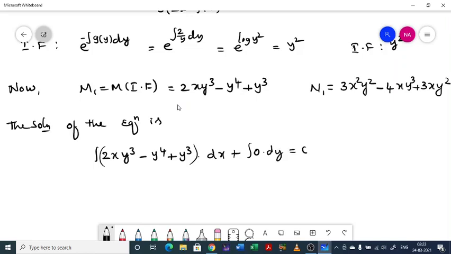So now, integral of 2x is x square, so x square y cube minus x y power 4 plus x y cube equal to c. So this is the required solution.